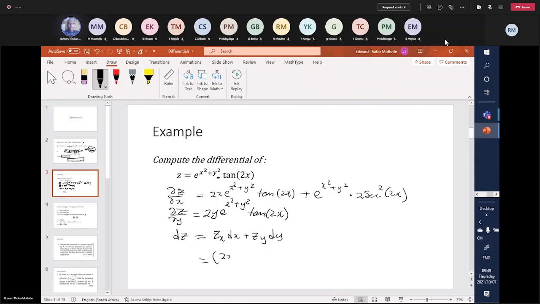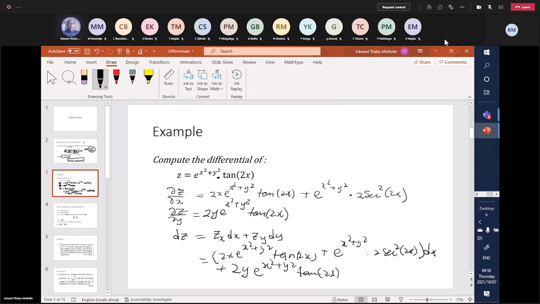You put 2x e to the power x squared plus y squared tan 2x plus e to the power x squared plus y squared multiplied by 2 sec squared 2x, close the bracket, dx, plus 2y e to the power x squared plus y squared tan 2x.